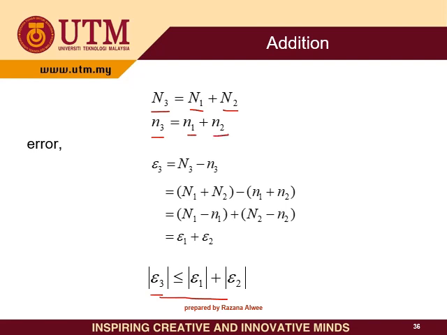So in order to find our error for 3, we have the true value of n minus the approximate value of n, and then we get our equation here. Alright, so we change the position, n2 and then our n1. So we will get our error. This is actually the calculation of our error 1, this is the calculation of our error 2. So we get our addition for the error 3 here.